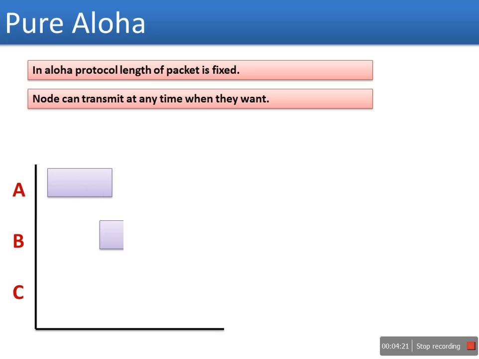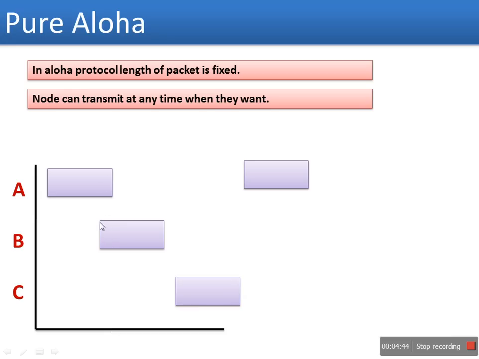Let's say A starts transmitting, B starts transmitting, C starts transmitting here, then again A starts transmitting here. A node can transmit at any time whenever it wants, and whenever multiple nodes transmit at the same time, this will result in a collision. This axis represents time.